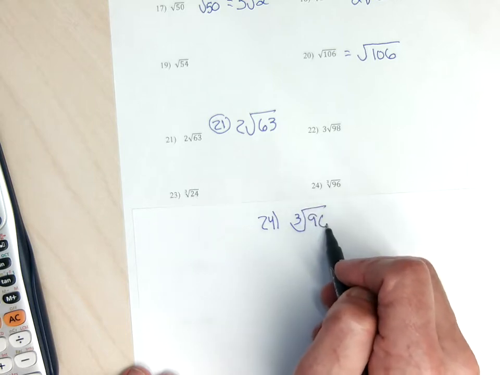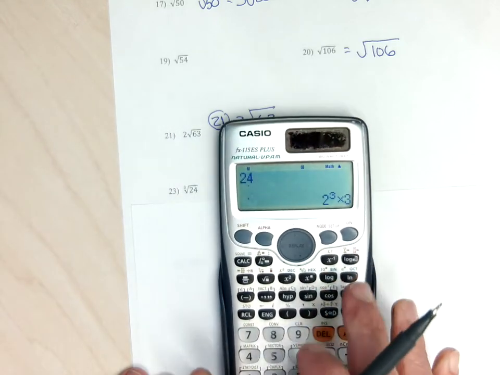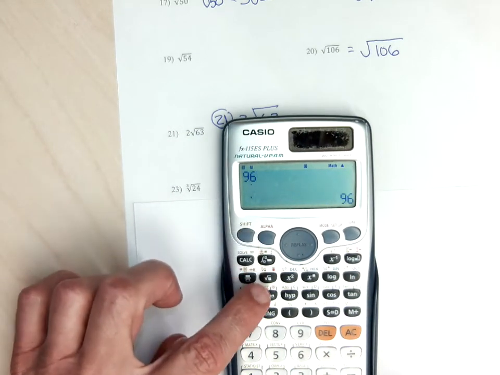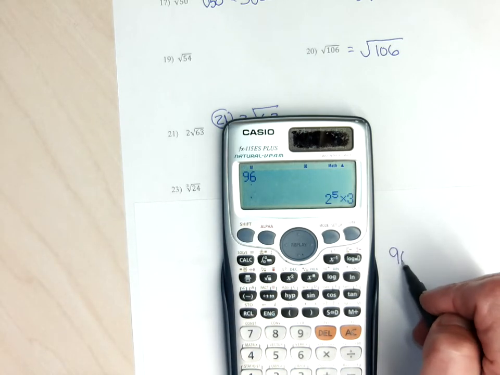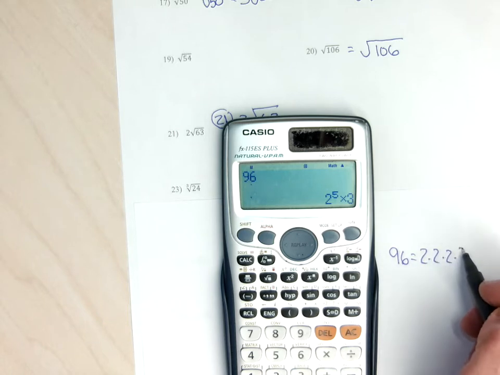So I'm going to do a prime factor tree for 96 and reduce the cube root of 96 using the prime factor tree. And I'm going to cheat and do the prime factor tree on my calculator, which I encourage you to do for your homework. So 96, its prime factoring is 2 times 2 times 2 times 2 times 2, 5 2s and a 3.